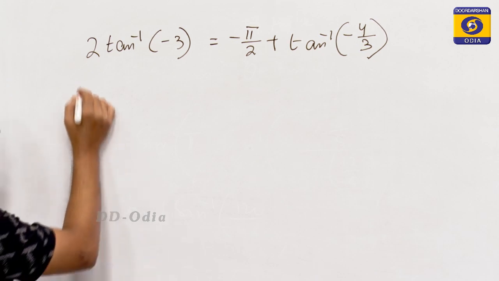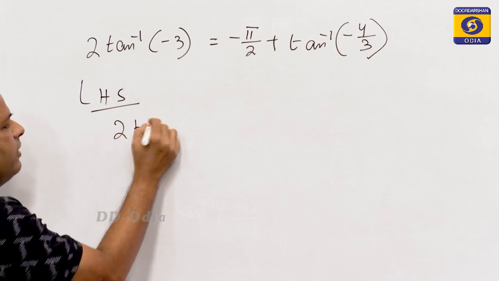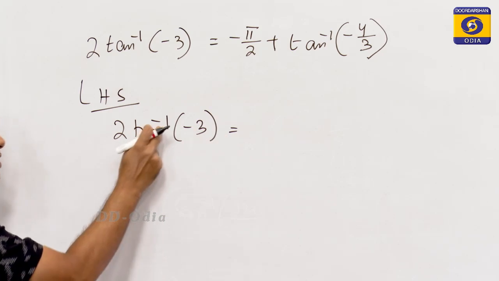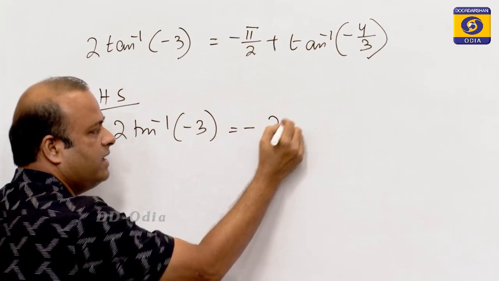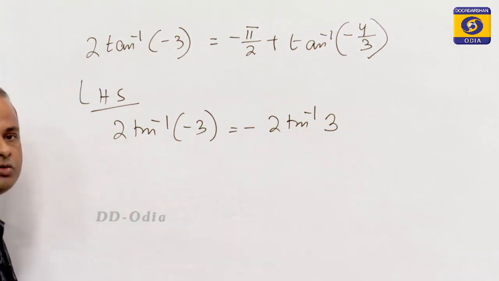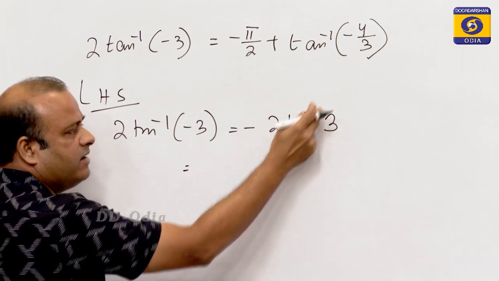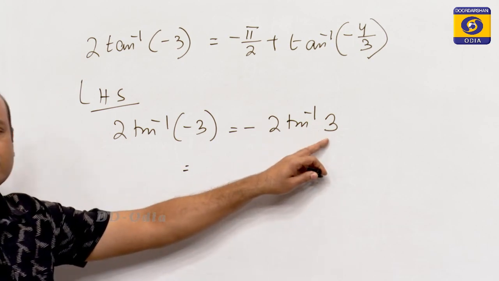So take LHS. So 2 tan inverse minus 3. You know tan inverse minus x is your minus tan inverse x. So 2 tan inverse 3. So here, for 2 tan inverse x, use the formula. But here x is greater than 1.